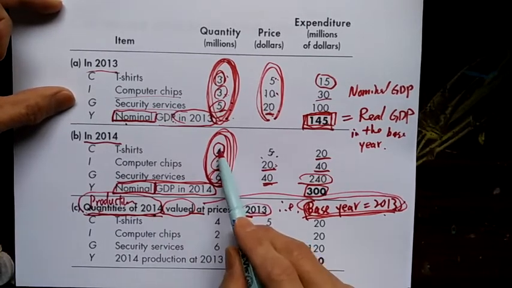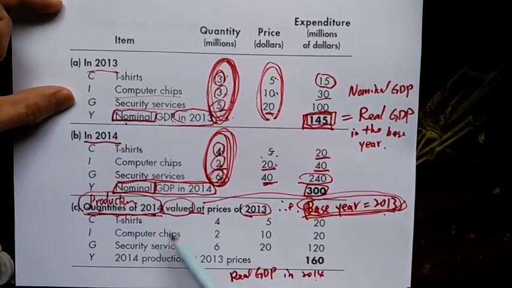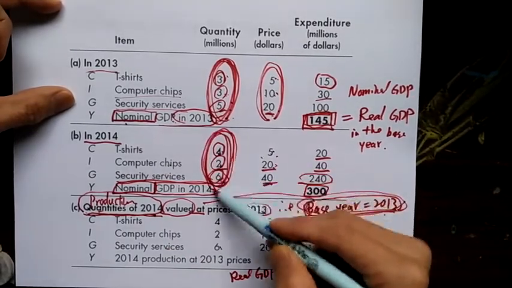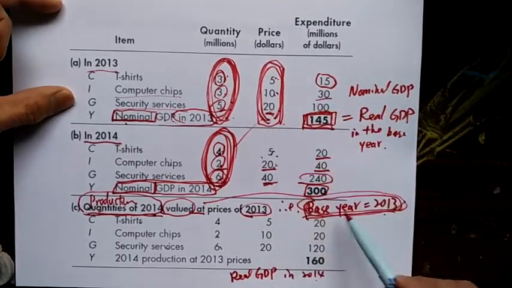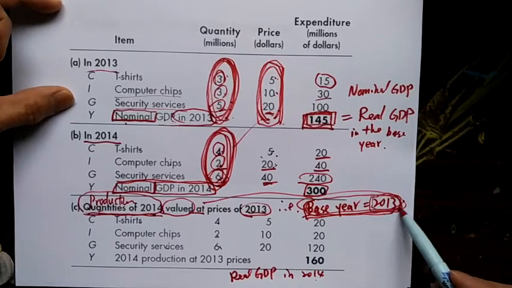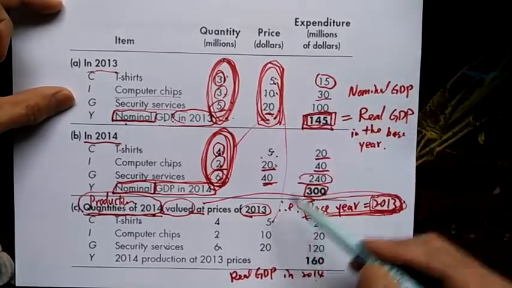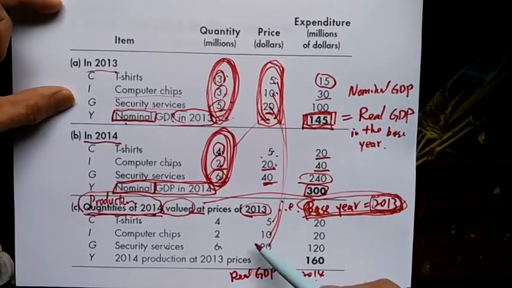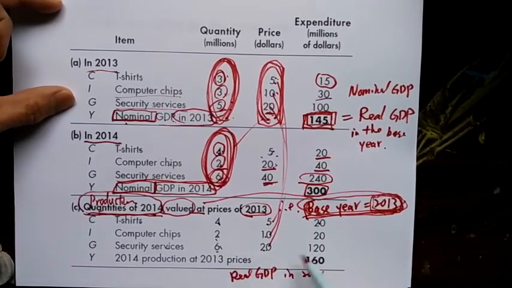What is the production in 2014? The answer is 4 shirts, 2 chips, 6 services. But we want to evaluate 2014 production in 2013 prices because we want to value them at the base year. Therefore, we use $5, $10, and $20 to calculate the real GDP, which is 20 plus 20 plus 120, which is 160.